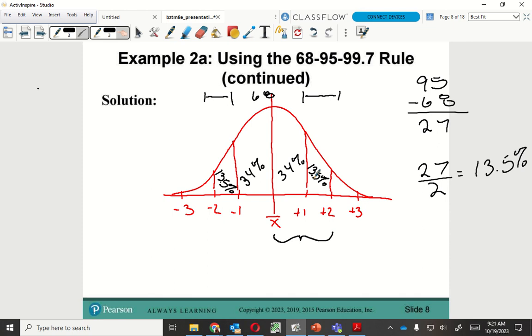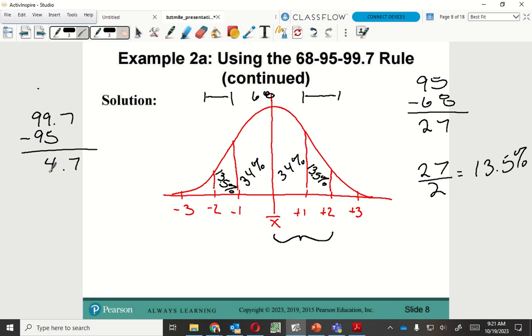Okay, so now let's look at the next part. I got to get into the plus 3 range. Isn't that plus 3 range 99.7? Okay, so I'm going to subtract all that's in between, which was the 95, wasn't it? So it's going to be 4.7%. Now I'm going to take that 4.7 and do what? Because I got to get both sides.